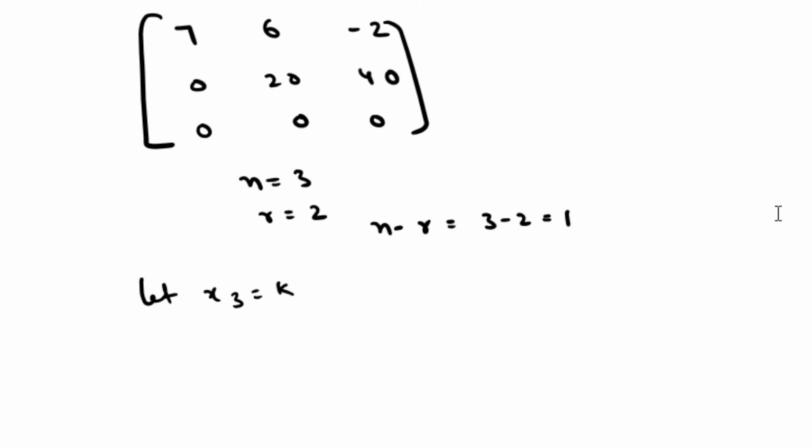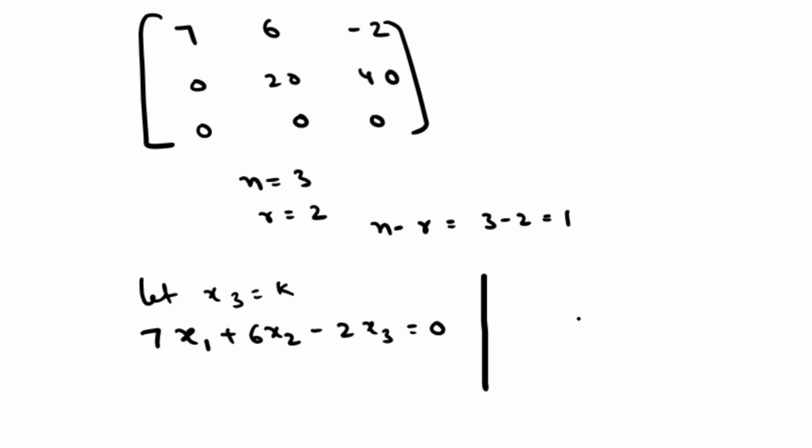Let x3 equal k. The first equation is 7x1 plus 6x2 minus 2x3 equals 0.